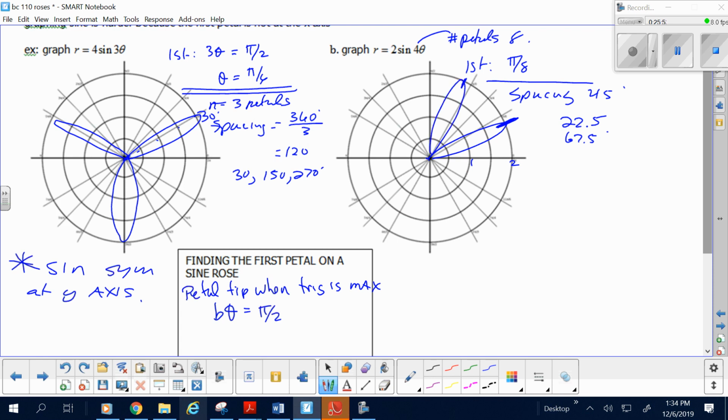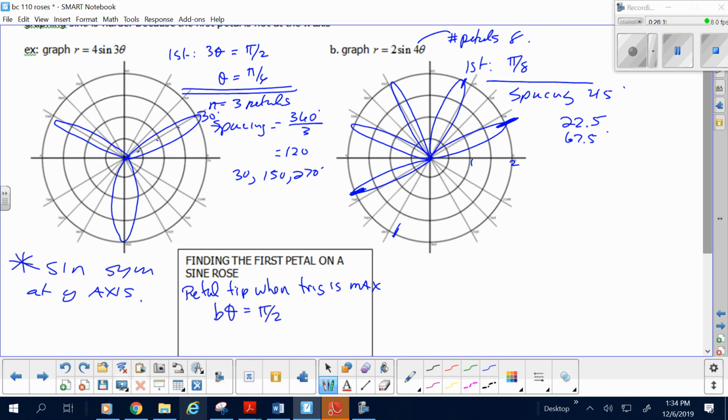And with symmetry across the y-axis, won't those have to be copied over here, yeah? So that kind of leaves me off, but if you keep going, it's 45 degrees between petals, yeah? So 45 degrees would put me just shy there. There's another pi over 8.